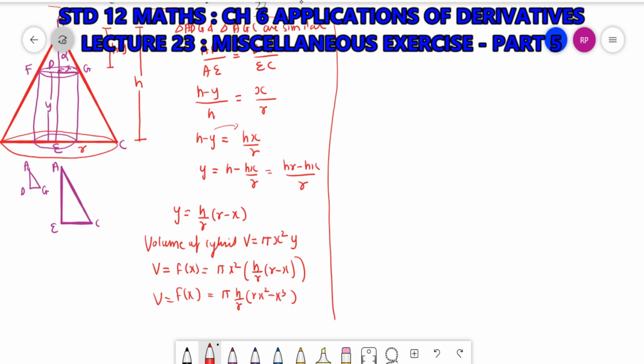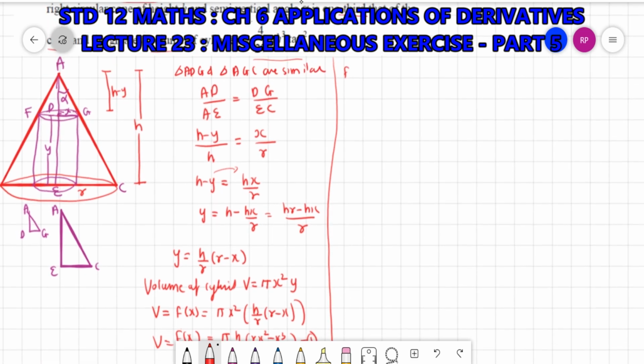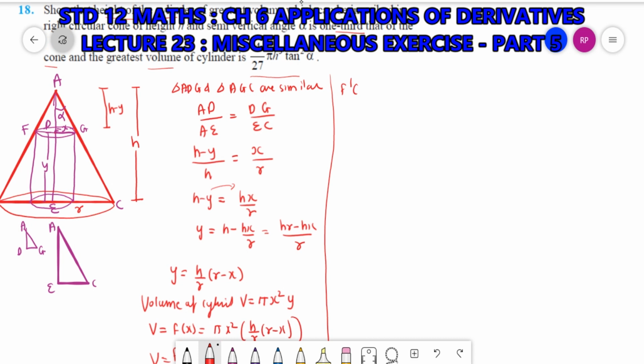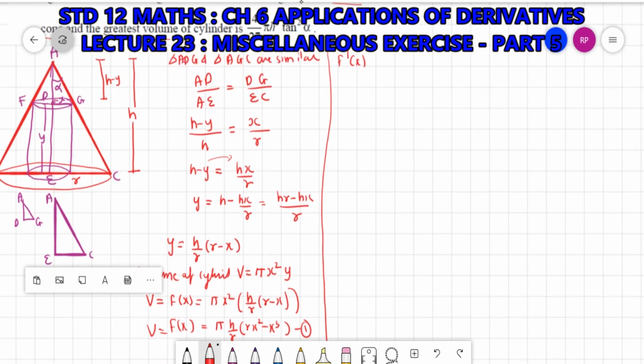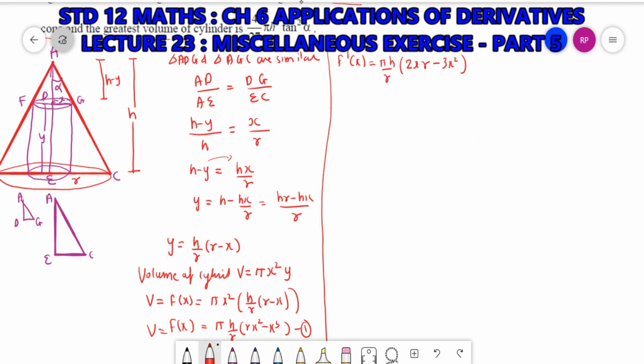Let's name this equation as 1 for the volume. Now let's differentiate it. F dash x will be equal to pi h by r into 2xr minus 3x square. This is our f dash x.